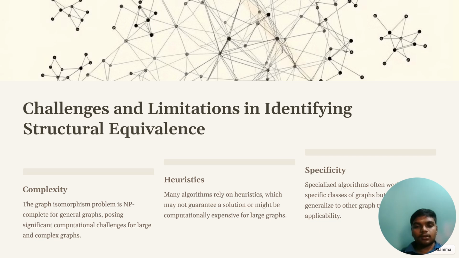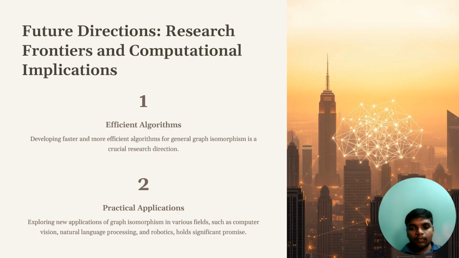Social networks: two networks may look different in terms of names or other labels, but an isomorphism reveals that their underlying connections, such as groups, relationships, or influence patterns, are the same.